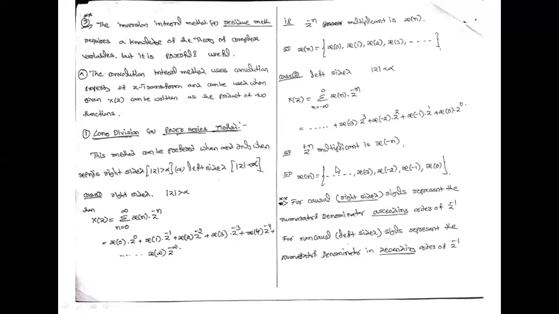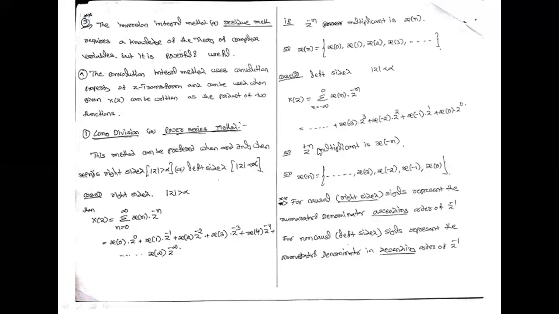Here we take the coefficients of z power minus 1, z power minus 2, and so on. In this case the powers of z are positive: so on x of minus 3 z power 3 plus x of minus 2 z power 2, x of minus 1 z power 1, and x of 0 z power 0.